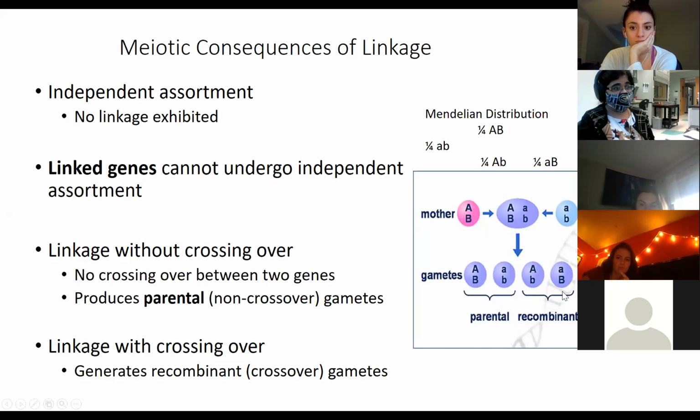Essentially, a recombinant is the mixture of these two. So we have the parents, all dominant and all recessive. The parental ones will stay the same, but the recombinant ones look different than the parent gametes, okay?